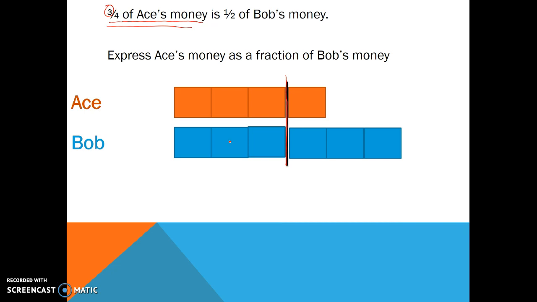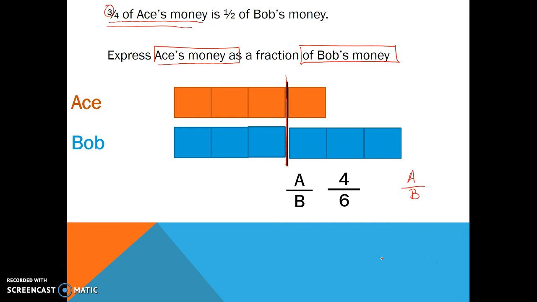We want to express Ace's money as a fraction of Bob's money. So now really this isn't that hard, is it, once we have our model in place? So what we do is we just look at our as and of statement. So clearly I'm going to need to express Ace as the numerator and Bob as the denominator.